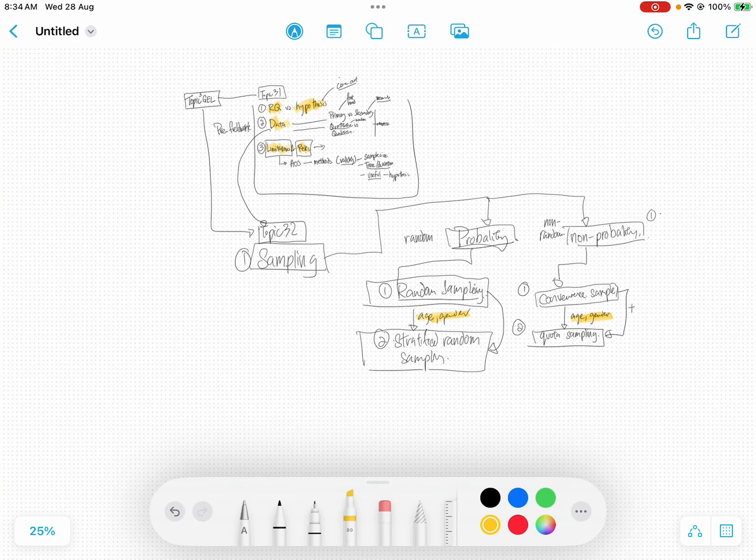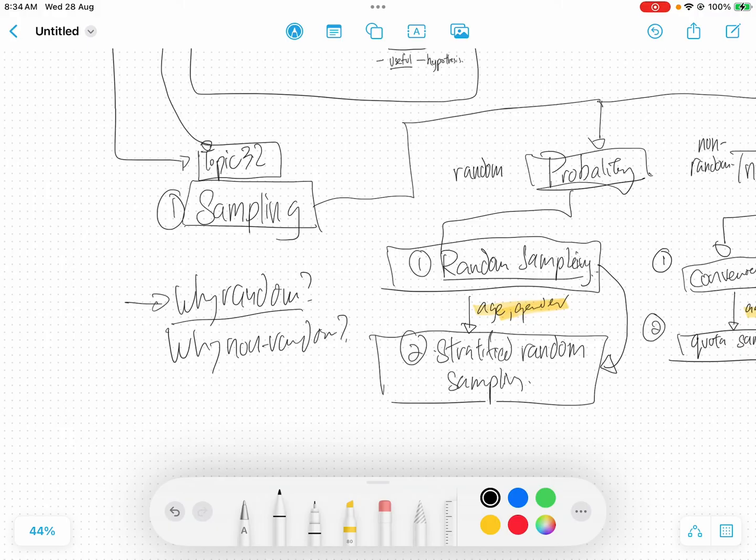Alright, so what type of question can come out from this component? First of all, you need to know why random, why non-random. This is usually the question being asked. Why is random sampling used in that context?